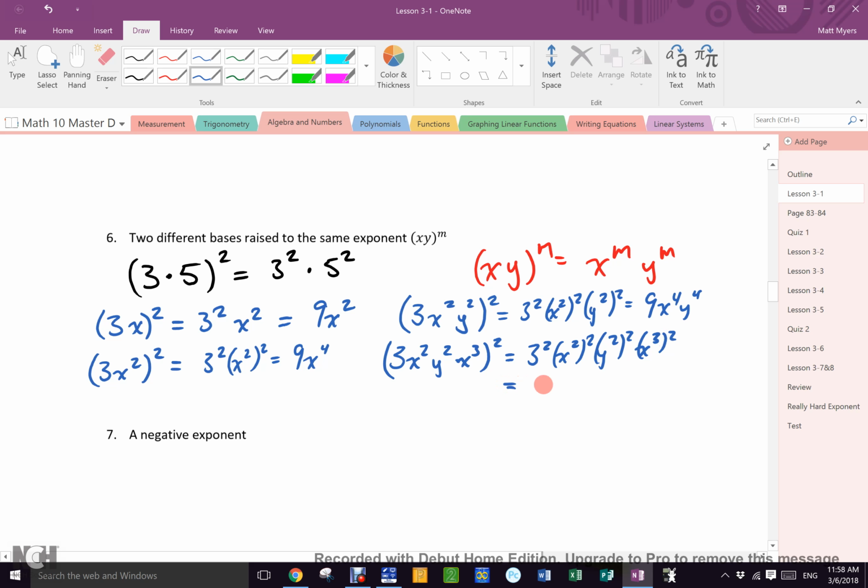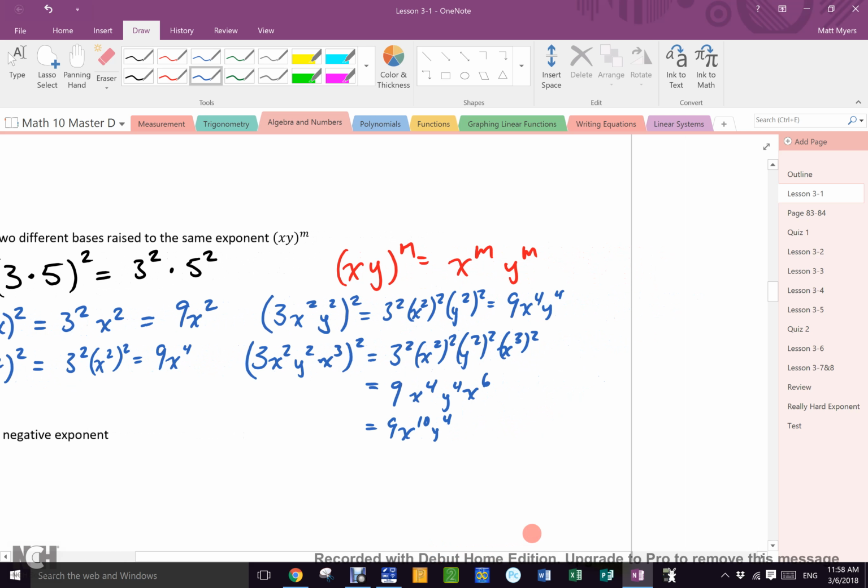Which would be 9x4, y4, x6. And then what would you do with the 2 x's? 9x10, y4. Okay. And then one last one.